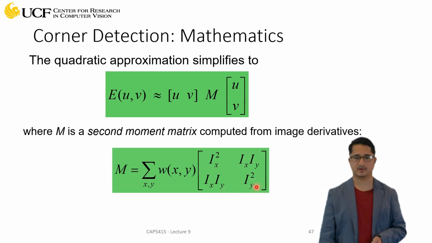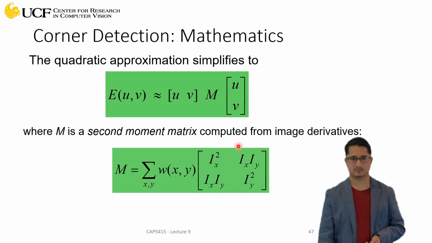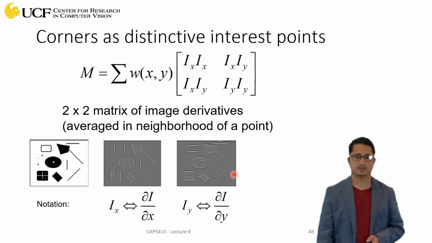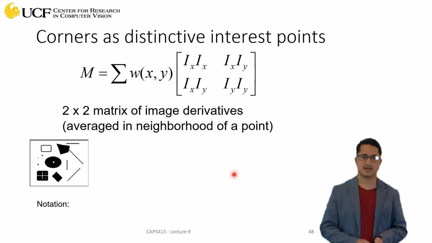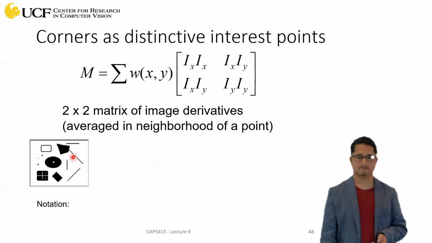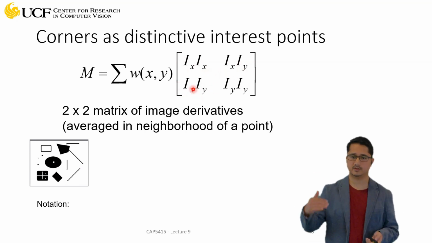And this is the partial derivative in y. All right, so once you have this moment matrix, you can compute this response, and this response is all we care about. So given an image, we compute these partial derivatives and combine them to get that M matrix, which will give you the final response.